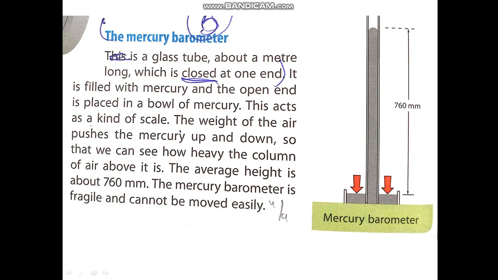It is 760 millimeters high. At the bottom is a bowl filled with mercury, and the tube is closed at one end and filled with mercury. The mercury barometer is fragile and cannot be moved easily. It is fixed at one position.